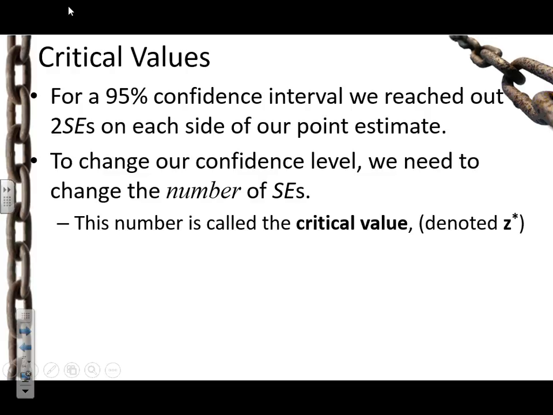Z star is different than just plain Z, so it's important that you have the correct notation here. So Z is just a standardized value. Z star is going to tell you the number of standard errors that you want to reach above and below your sample proportion.